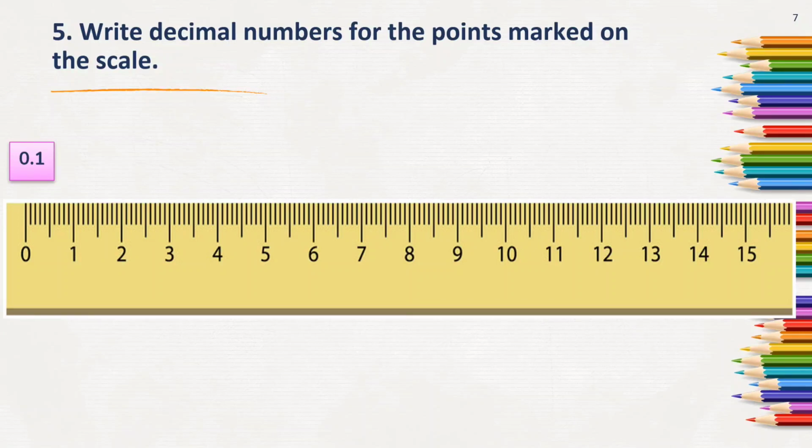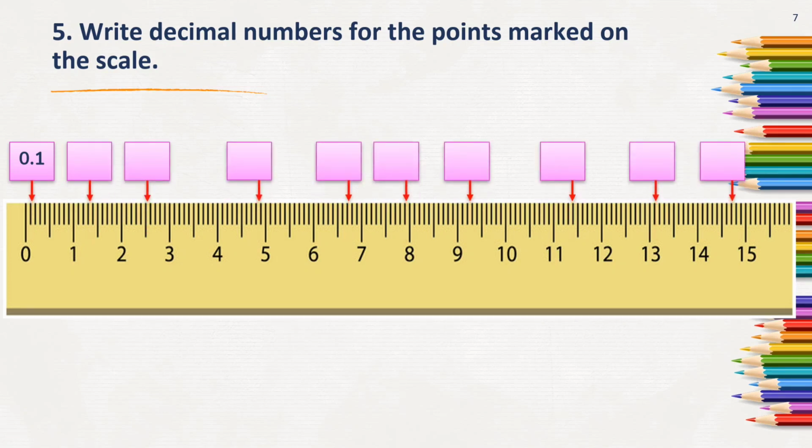Here, write decimal numbers for the points marked on the scale. First one is done. Yes, see here, this is 0.1. Next is 1 whole. After 1 whole is 1, 2, 3. So we'll write 1.3.